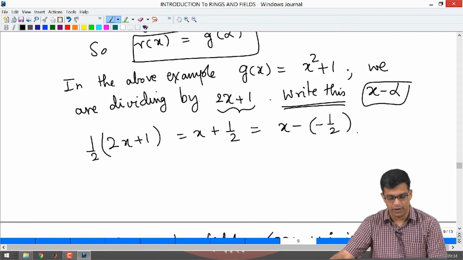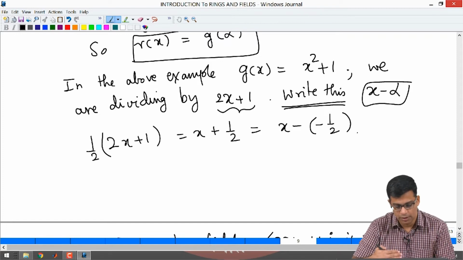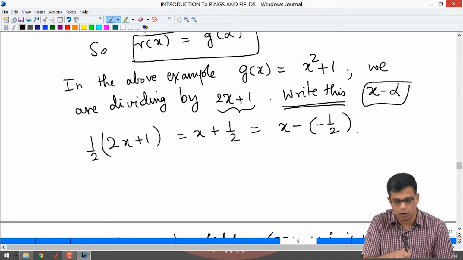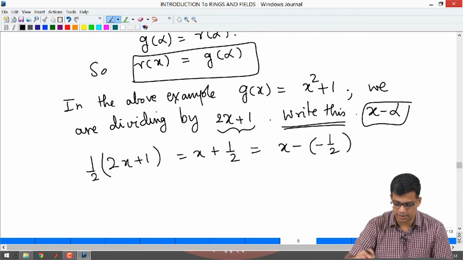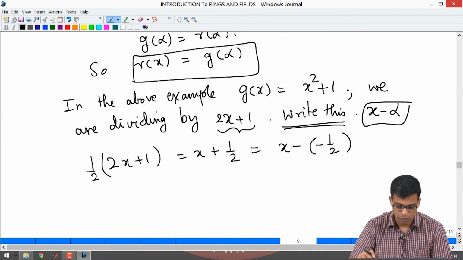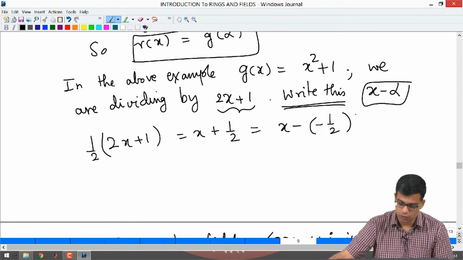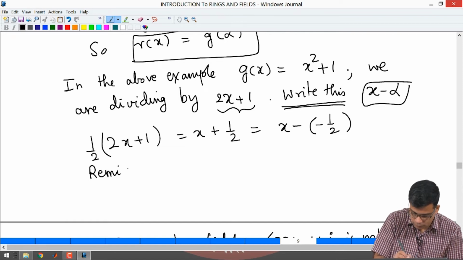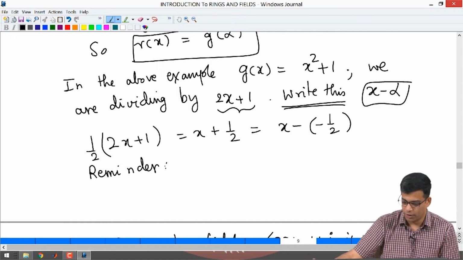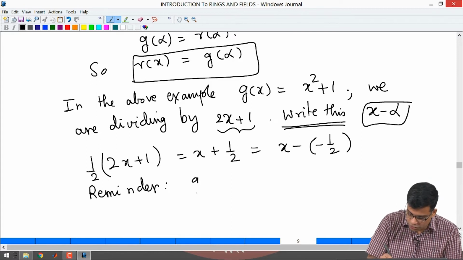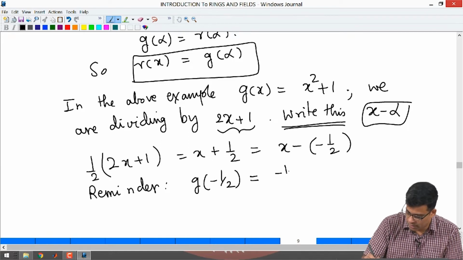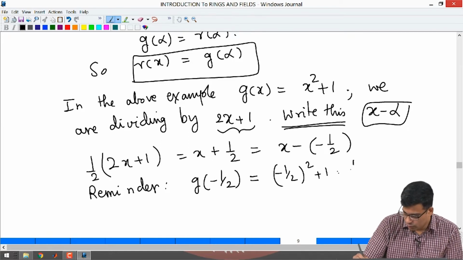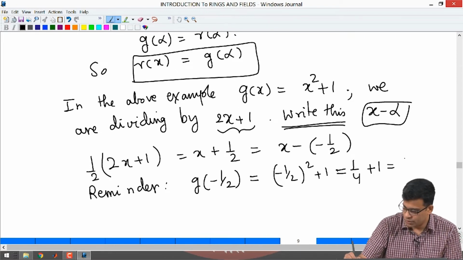So, the important point when you are dealing with the division in polynomial rings is you can always multiply the polynomial by a constant, remainder does not change. So, here division by 2x plus 1 is really division by x plus 1 by 2, which is x minus 1 by 2. So, the remainder by the property that I wrote earlier should be g of minus 1 by 2, right. g of minus 1 by 2 is minus 1 by 2 squared plus 1, which is 1 by 4 plus 1, which is 5 by 4.